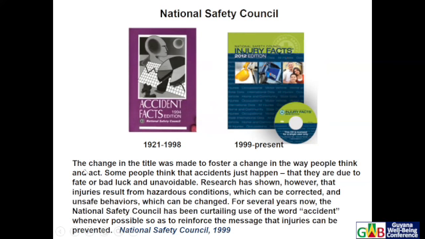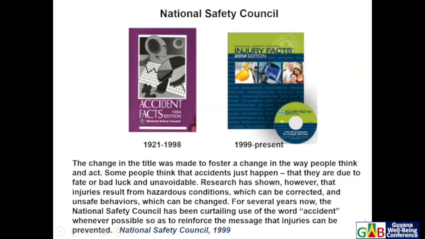And in 1999, when the title was changed the first time, there was an explanation in the book. I listed here: the change in title is to foster a change in attitude. Some people consider accidents to be unavoidable. Research has shown, however, that injuries result from hazardous conditions that can be corrected and unsafe behaviors which can be changed.